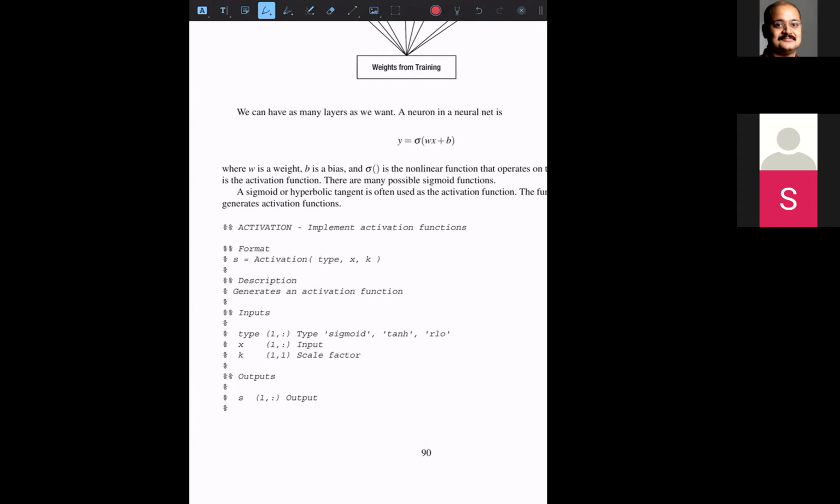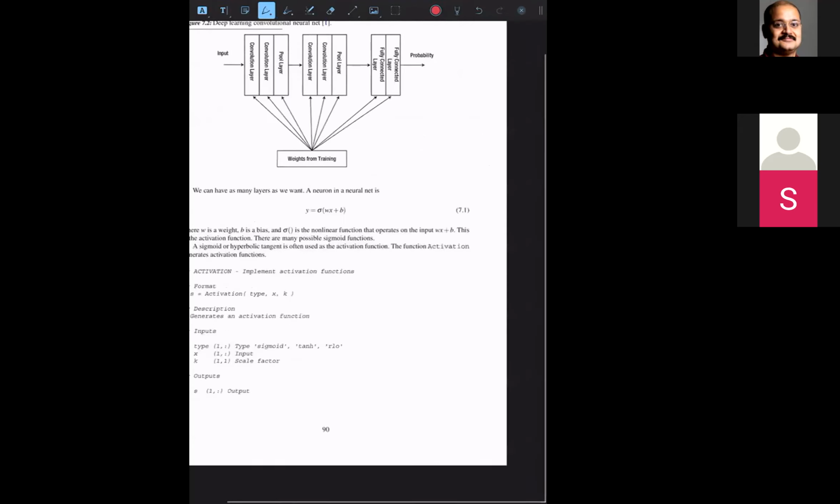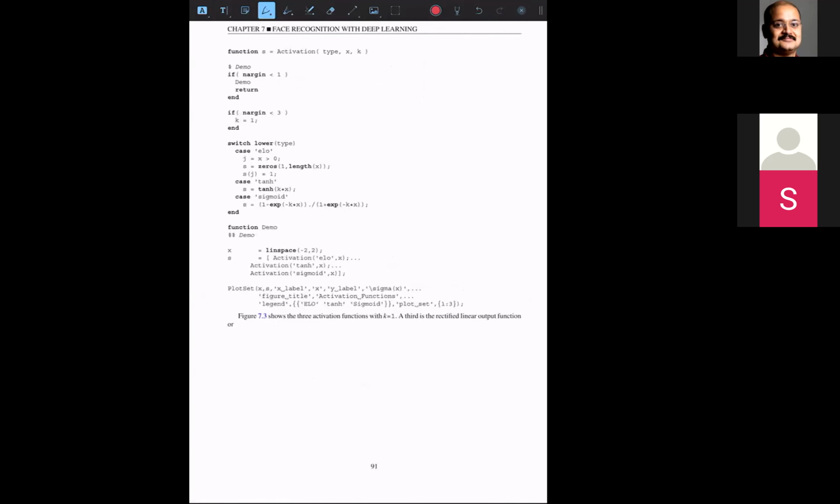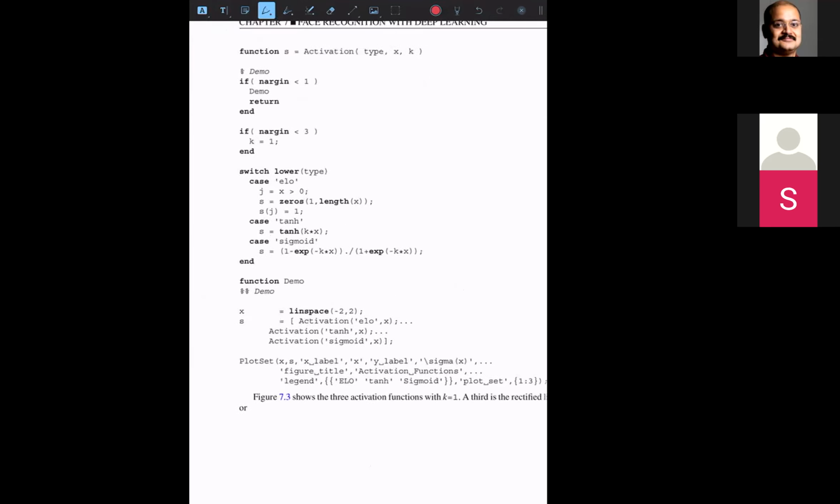Remember the sigmoid activation function or tanh activation function or basically the ReLU activation function. Those activation functions are implemented in this code. You are welcome to take a look at the code inside MATLAB, but this is a simple code that talks about the activation function.